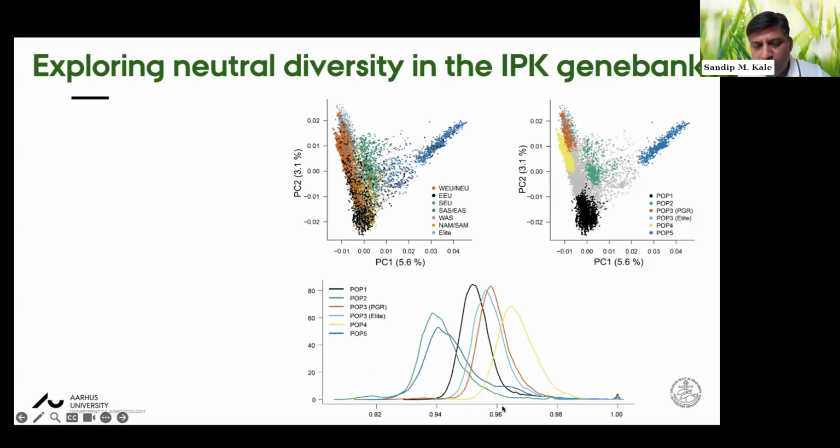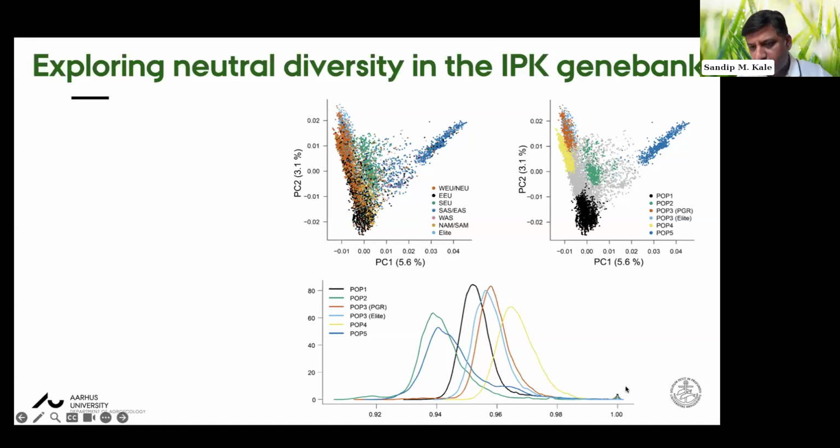The broader the base, the higher the diversity. You can see the accessions from population 2, which corresponds to Southern Europe, and population 5, which is from South Asia, were highly diverse compared to the rest of the populations, which also indicates the use of those accessions in improving the European plant breeding program.